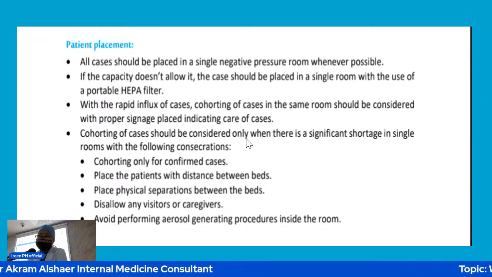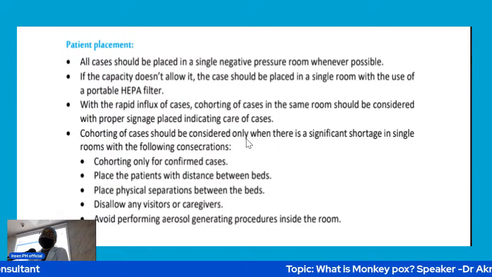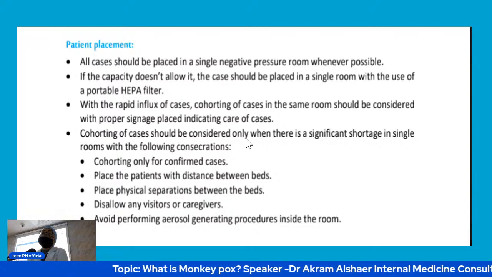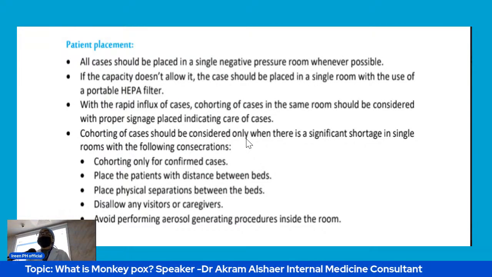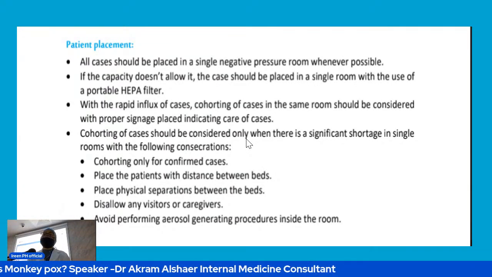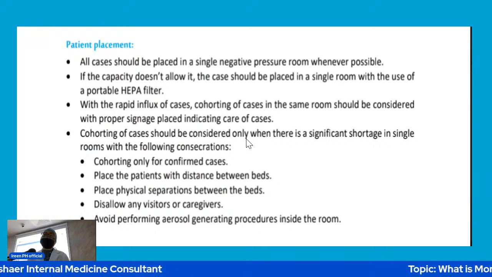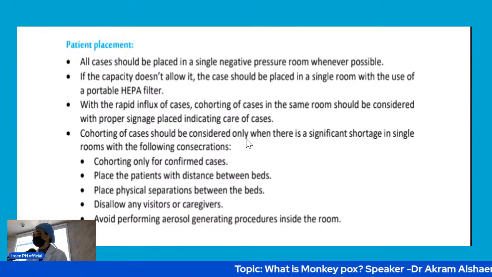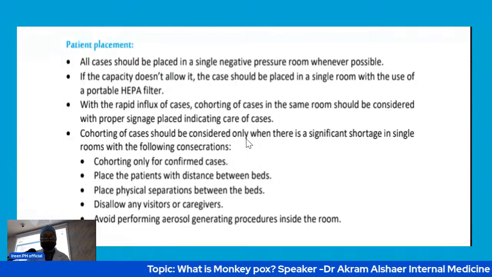We have a HEPA filter available in the respiratory clinic, and in our isolation, what is available is negative pressure, of course. This is mandatory for each isolation, and I know every facility will have this.